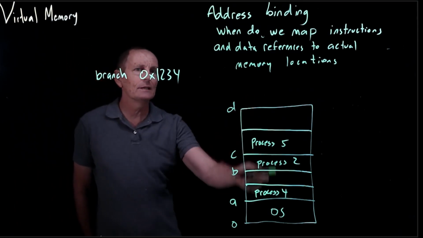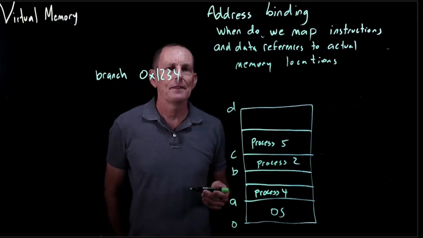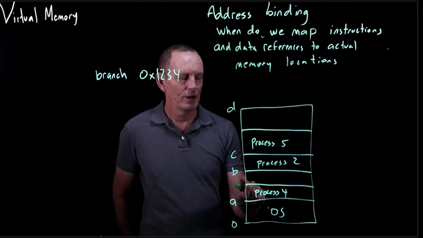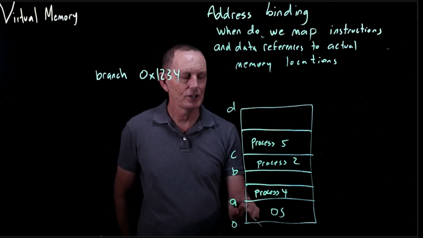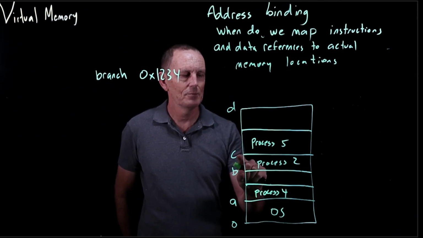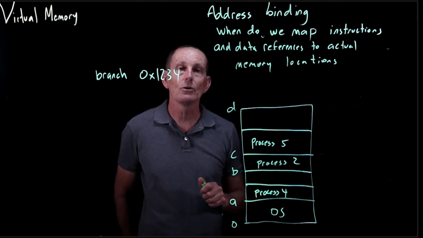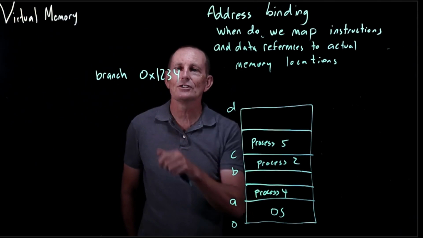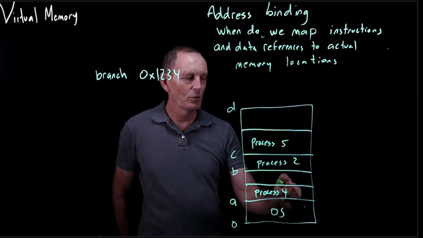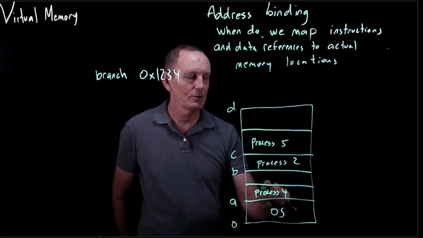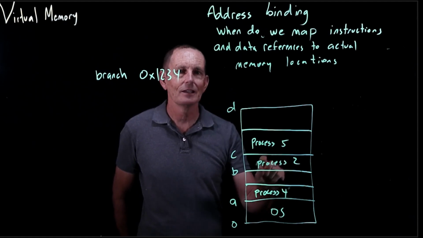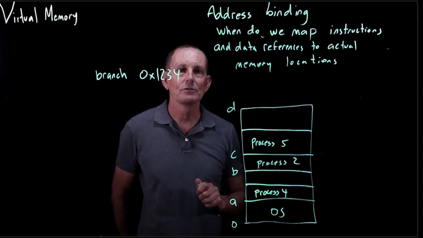And that's a problem here when we look at these different partitions. A process could be loaded starting at memory location A, or up here at B, or C, or so on. And so this branch 0x1234 might work for process 4 if it's loaded here, but not necessarily for process 2 if it gets moved up.